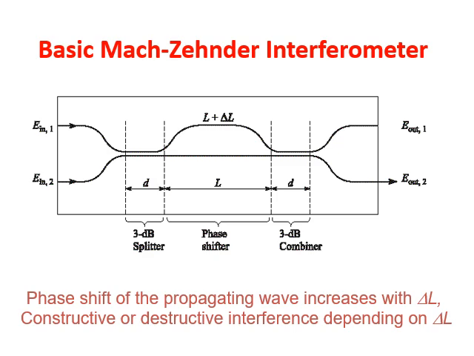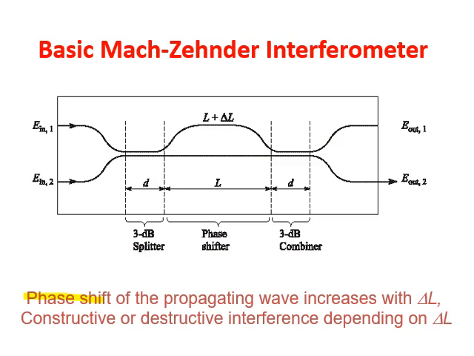These devices can be active or passive devices, but this usually looks like a passive device. The phase shift of a propagating wave increases with delta L. As the length increases, the phase shift increases, with constructive and destructive interference depending again upon delta L.